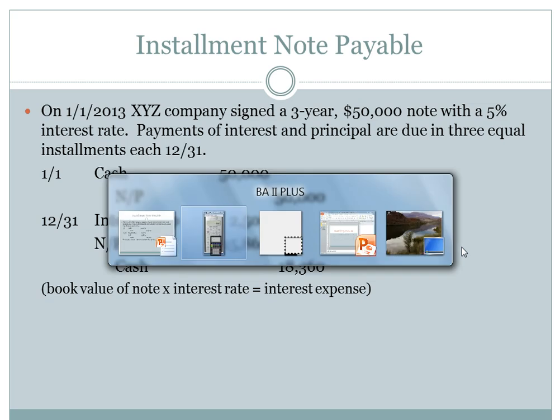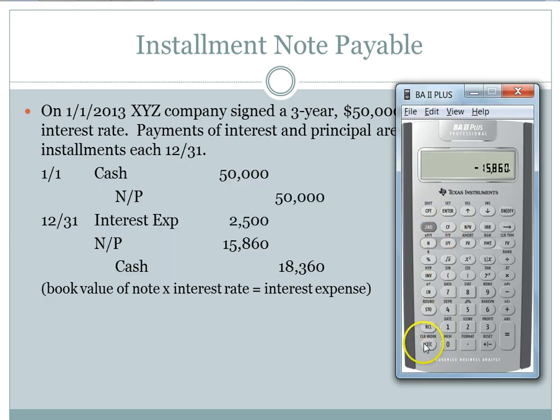Well, first of all, let's make sure that we understand what the balance in notes payable is. The balance in notes payable right now is $50,000, that's where it started, minus $15,860. So the current balance in my note payable account is $34,140. That's what I've journalized here, or recognized in the journal entries.